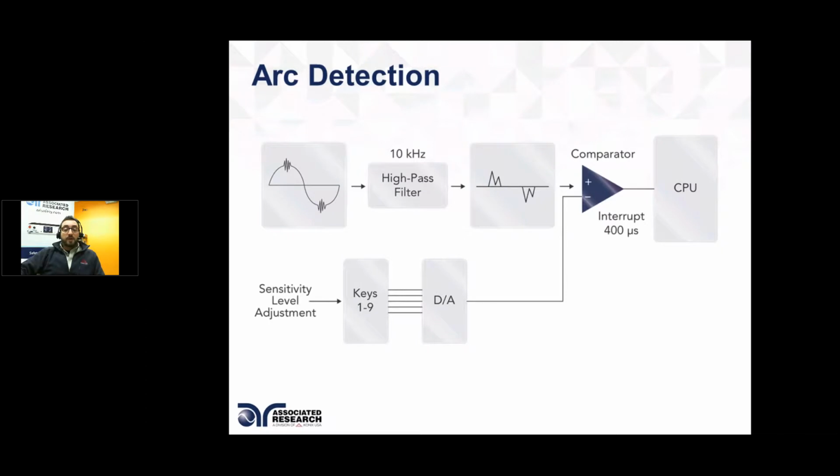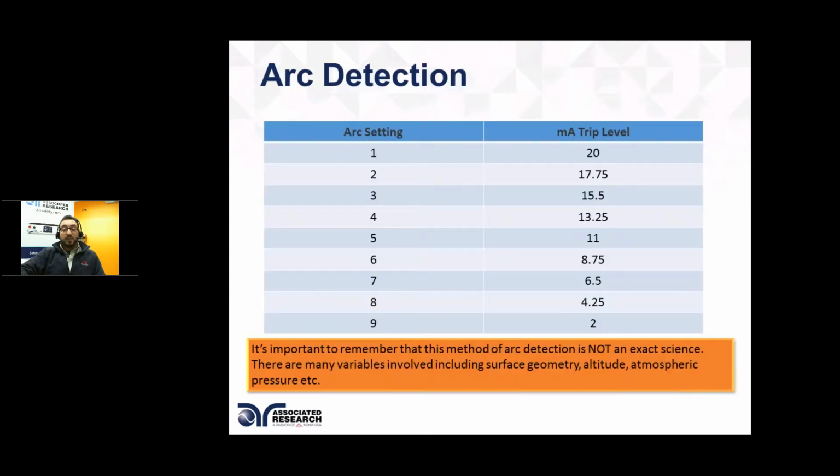The comparator compares the input from the user versus what's actually being detected, and if the readings match, it results in an arc detect, or actually an arc failure. And it's a fast interrupt. It could be as fast as 400 microseconds, or even faster than that in some cases. It really depends on the CPU.